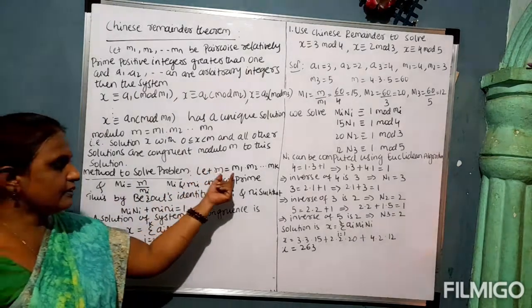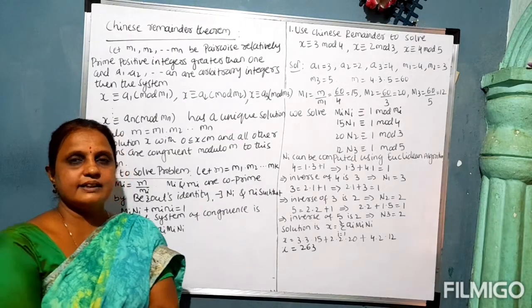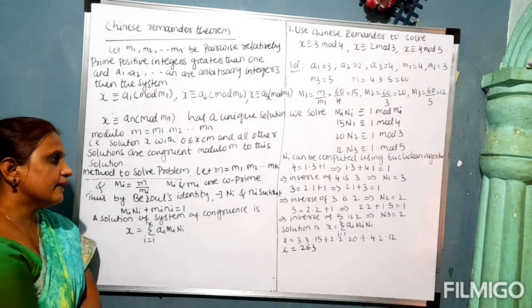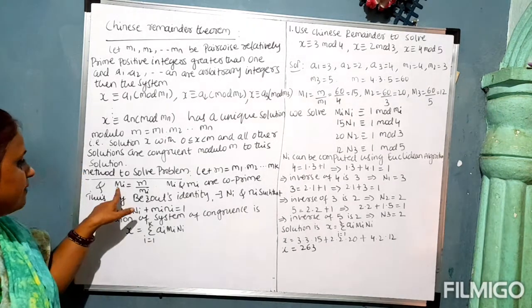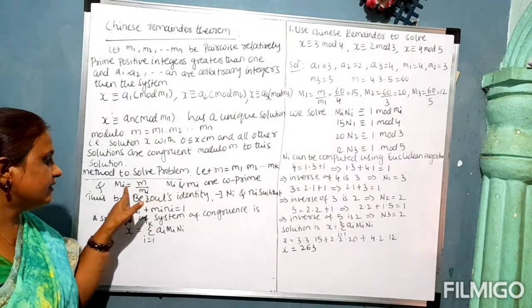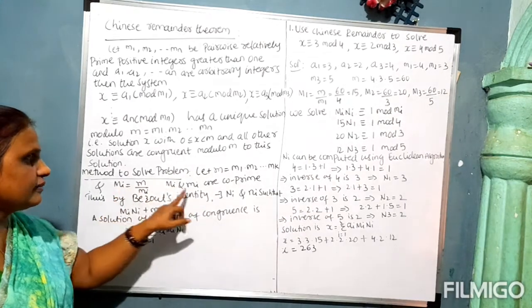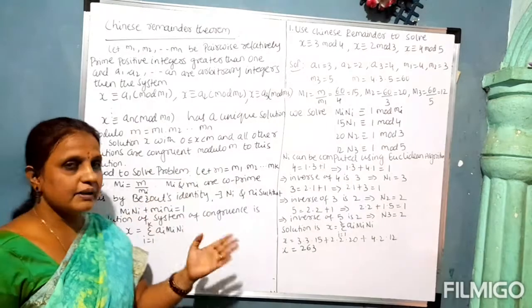That is, we divide the product by m1, m2, and so on, and denote these as capital M1, capital M2, and so on. The result is a value that is prime to mi, because it does not contain mi.